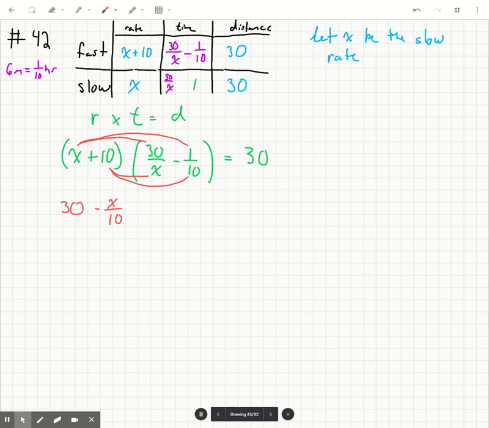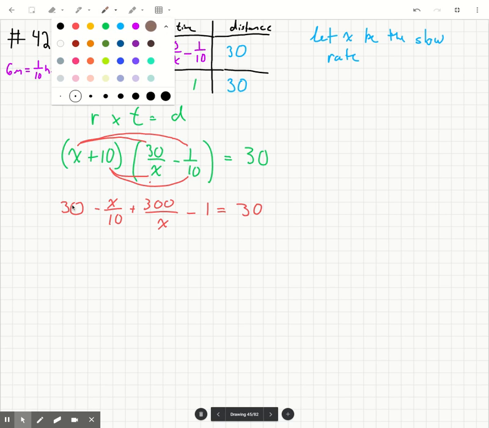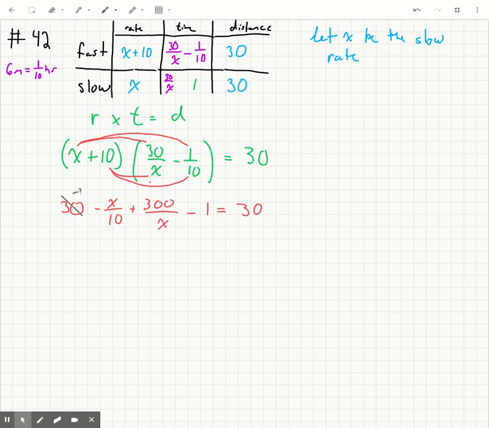Then multiply 10 by 30 over X, and I end up with 300 over X, and then minus 1, is equal to 30. And before I get too carried away, you notice something right away. If I subtract 30 from both sides, it's going to be really nice because I'll end up with 0 here.